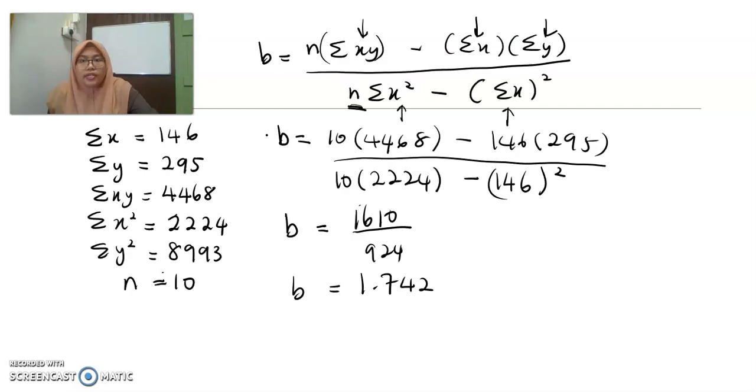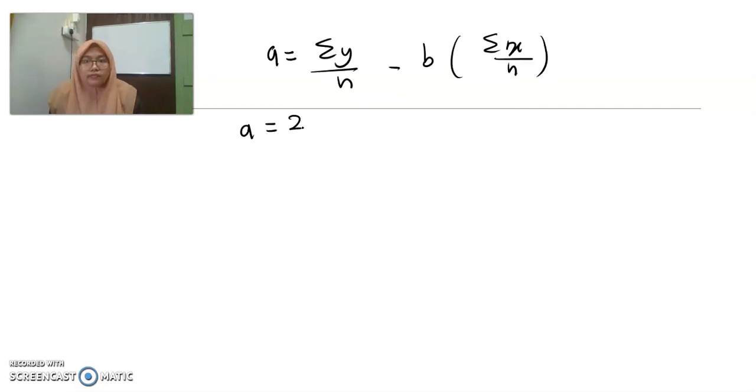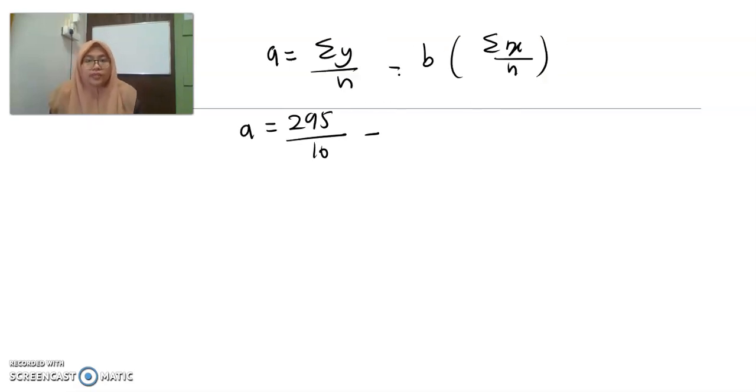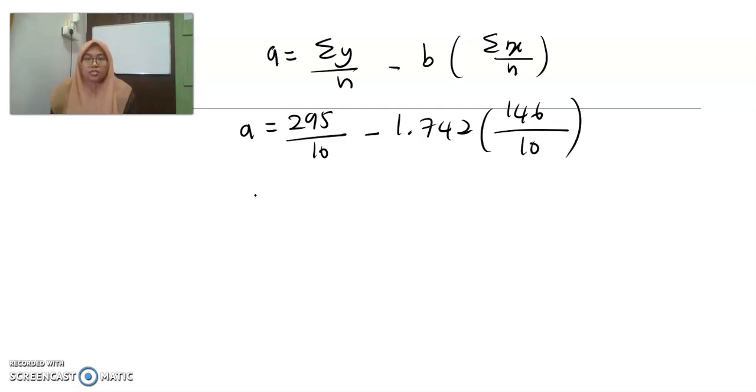So total y is 295 over 10 minus B, which is 1.742, times total x, 146 over 10. So A is equal to 4.0668. And actually for A and B values, you can retrieve that value in your calculator also.